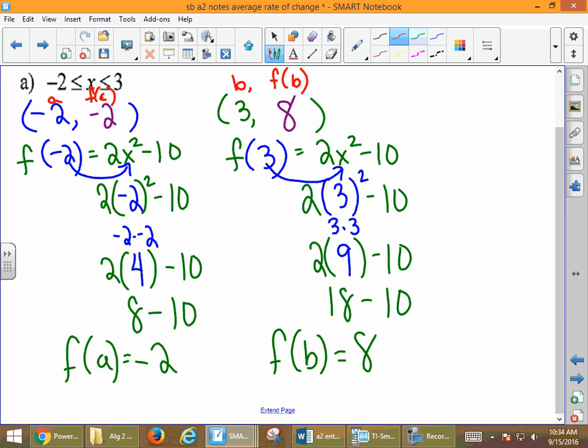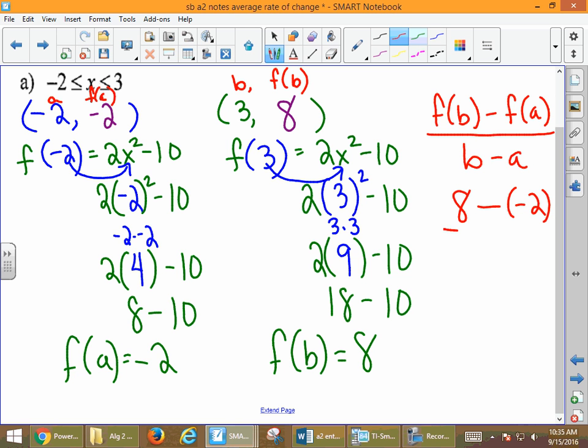We're going to fill in the formula: f of b minus f of a divided by b minus a. Fill in our values now: f of b, 8, minus f of a, negative 2, divided by b, 3, minus a, negative 2.